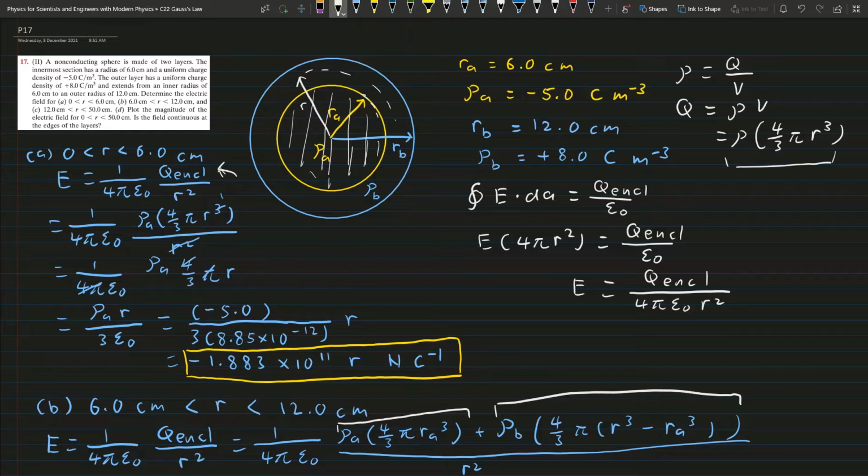Here we enclose the charge within this volume, right? So the second term here, you can see this r cubed minus RA cubed, is actually with respect to the volume enclosed at the region here.